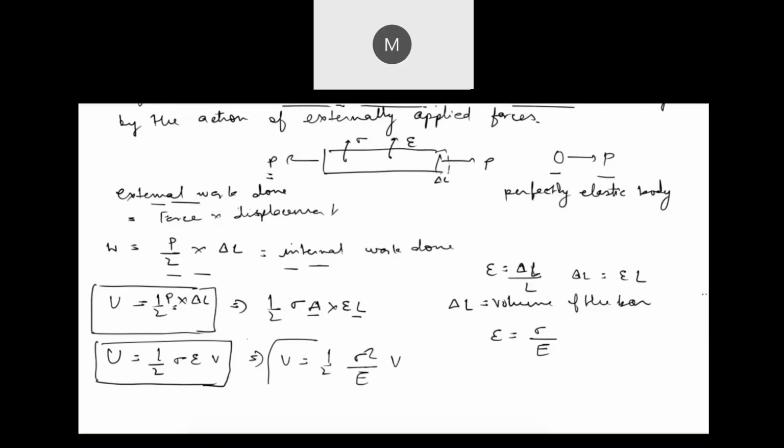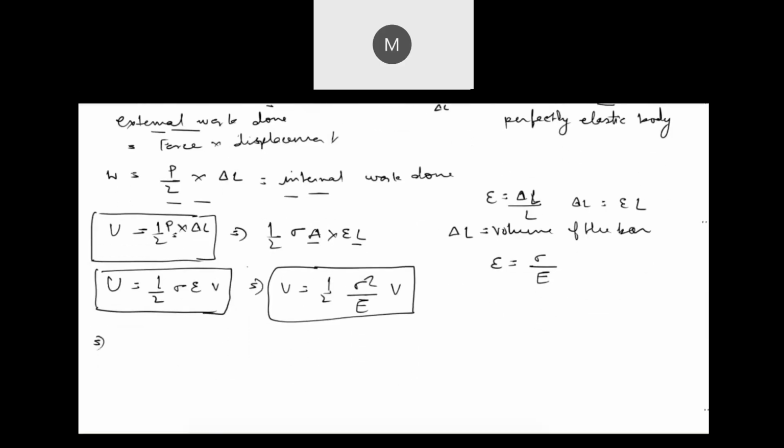This is another form of this equation, and there is one last: U is equal to half. Now we can write this stress as P by A, so P square by A square E into the volume, which is again A into L. So from here U is equal to P square L upon 2AE. These are the various forms of this equation.